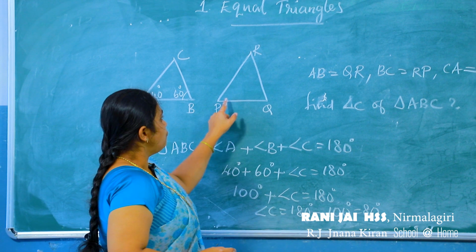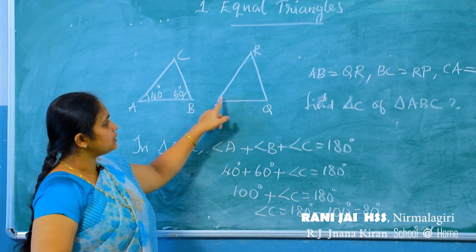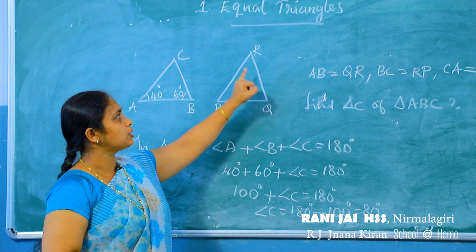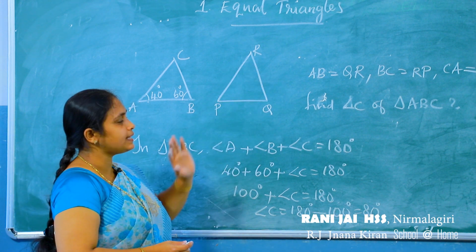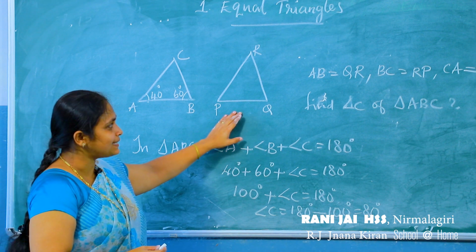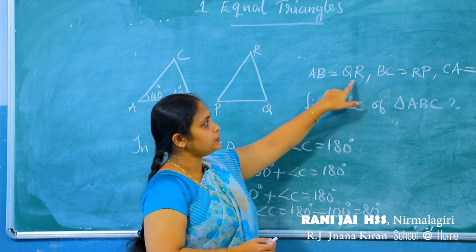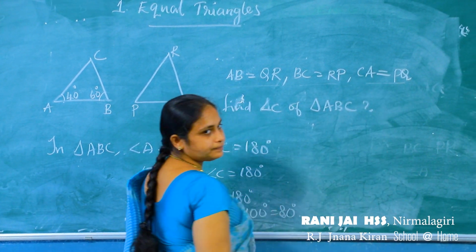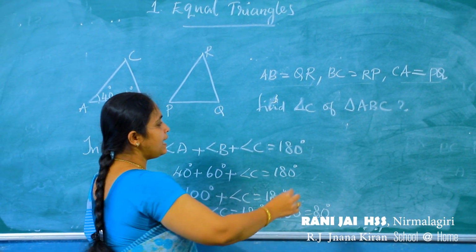Now we have to find out all the angles of triangle PQR, that is angle P, angle Q and angle R. How we find these angles? For finding these angles, in this question given that these sides are equal.